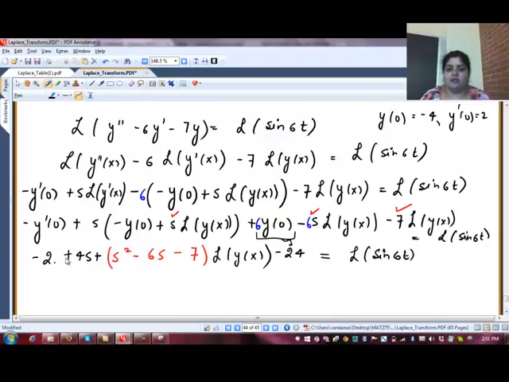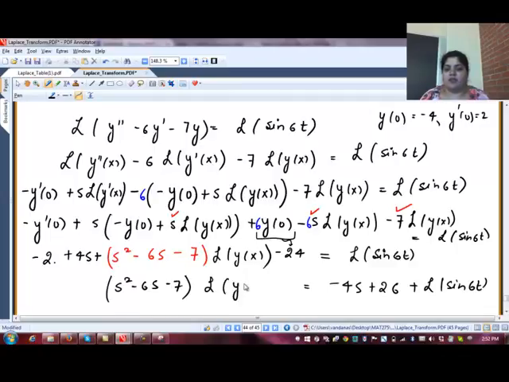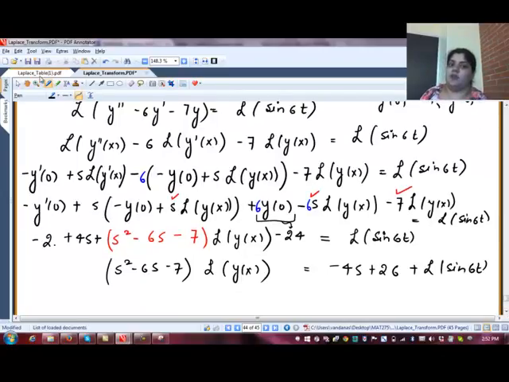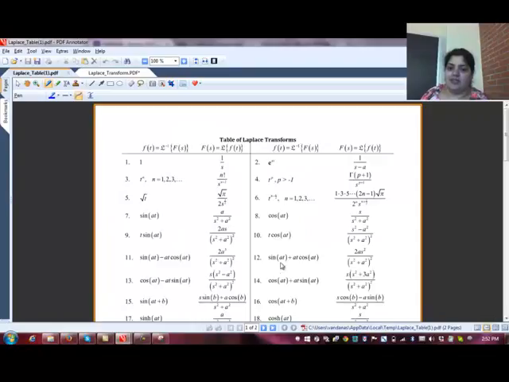So let's just push these terms to the right. So we have here 4s minus 26, so it would be minus 4s plus 26 plus Laplace transform of sinh 6t, and here we have s square minus 6s minus 7 times Laplace transform of y(x). Okay, now what is the Laplace transform of sinh 6t? You can make use of a table at this moment. So sinh 6t is, this is hyperbolic, here it is. So this is 6 over s square minus 36.